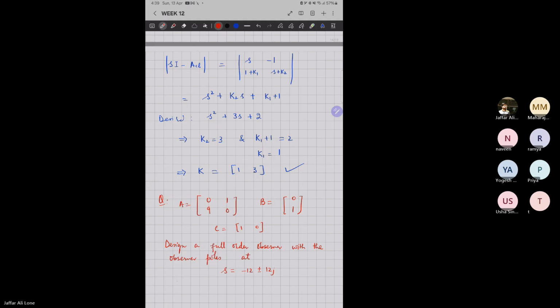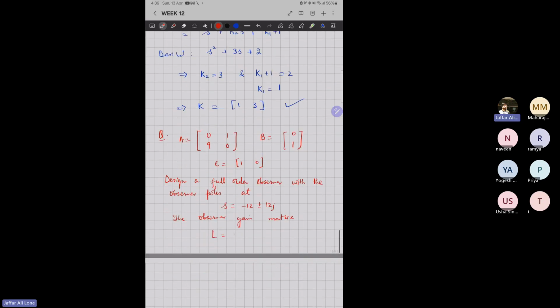Then the observer gain matrix L, that is [L1; L2], is equal to what?